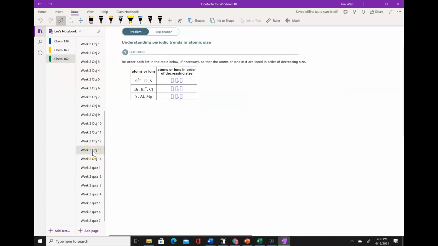Okay. So another problem concerning periodic properties, and this one is about atomic size. It's also about ionic size. They didn't quite get their naming right here because we've got some ions in there. So the important thing to remember is this.